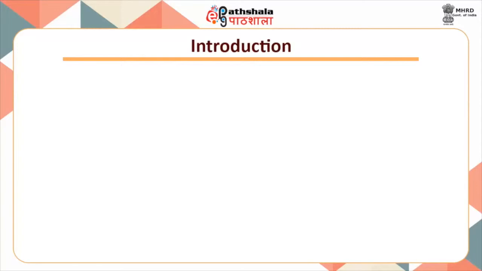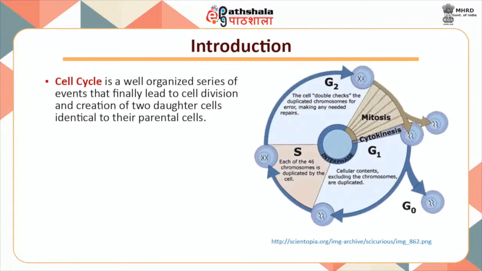So, before going into much detail, you should be clear about what the cell cycle is. The cell cycle is a series of events that finally leads to the division of the parent cell, giving rise to two daughter cells identical to the parent cell. These events are highly regulated and well organized to maintain cell integrity.